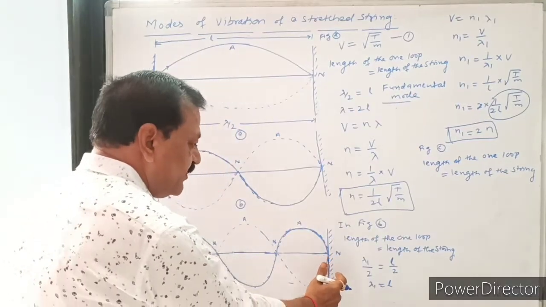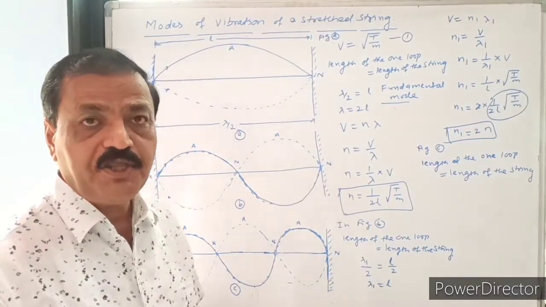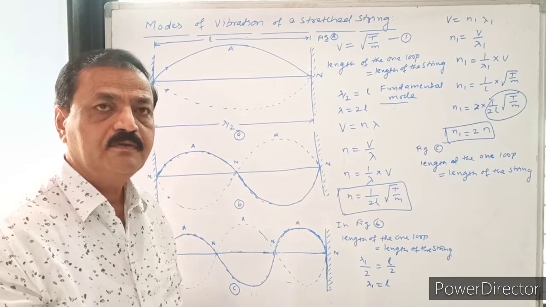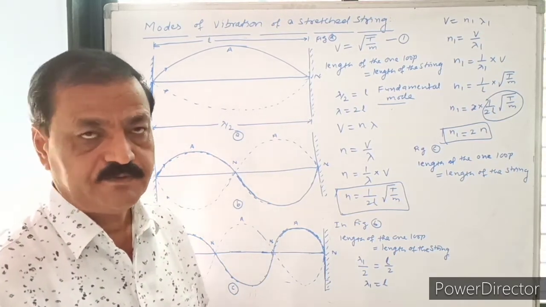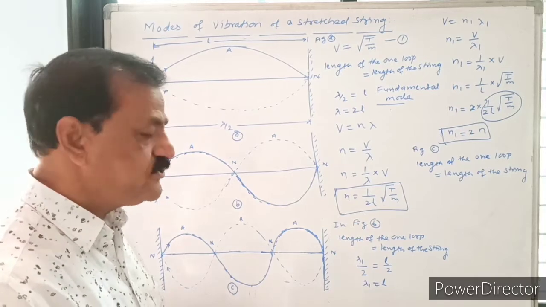In the third mode of vibration, n1, n2 and n3 are the frequencies and wavelengths of the string. They should be different.